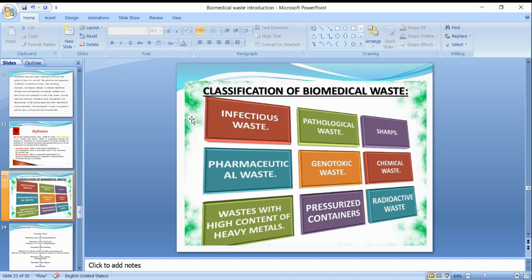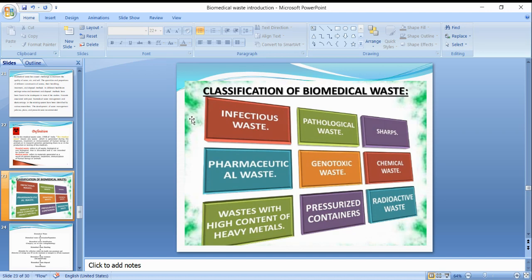Chemical waste: some chemicals which are poisonous are used for storing purposes. And waste which has a high content of heavy metals.